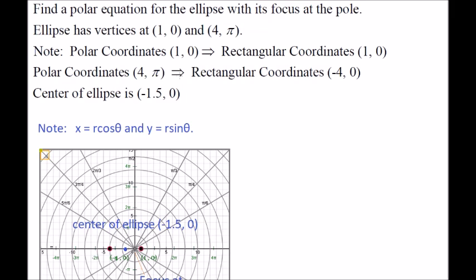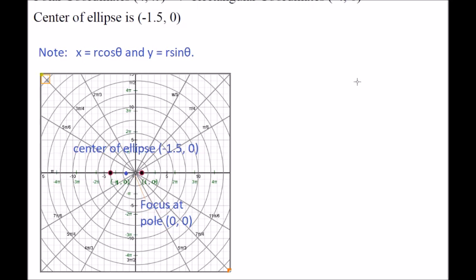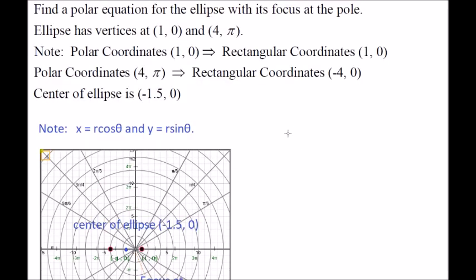Similarly, for the polar point (4, pi), the corresponding rectangular point is (-4, 0). Now let's plot these two points. Here's the first vertex, the point (1, 0), and the second vertex, (-4, 0).